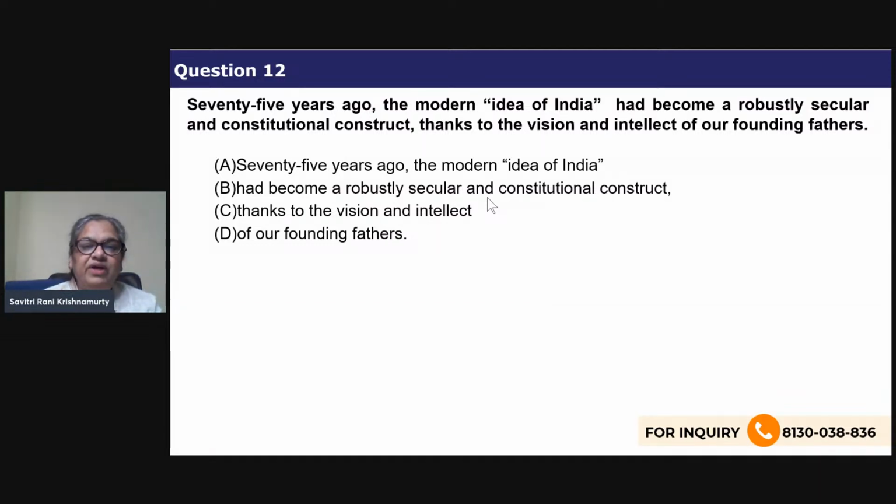Ma'am has not given no error as an option. So, where do I look for the error? I actually patterned this on a rule of grammar that has been asked very often.